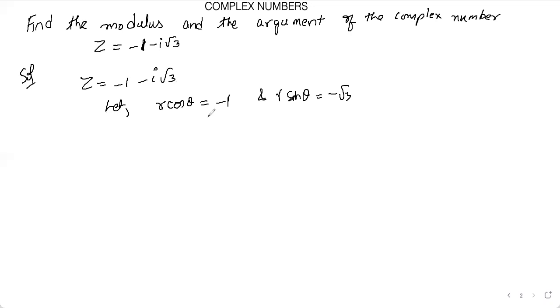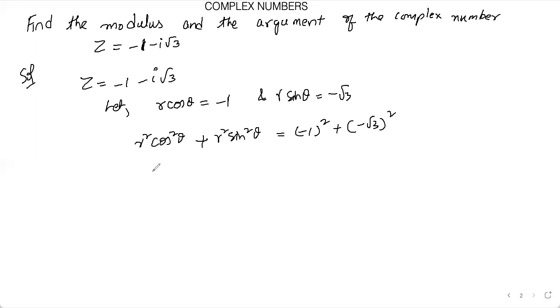Now let us square and add these two. On the left hand side you will get r square cos square theta, and adding this also, that is r square sine square theta. Likewise we'll square this on the right hand side, and add this also, minus root 3 whole square. We are done squaring and adding.